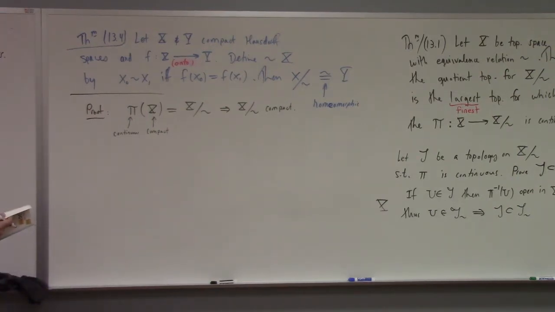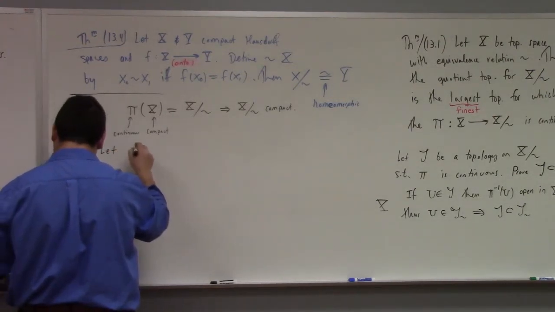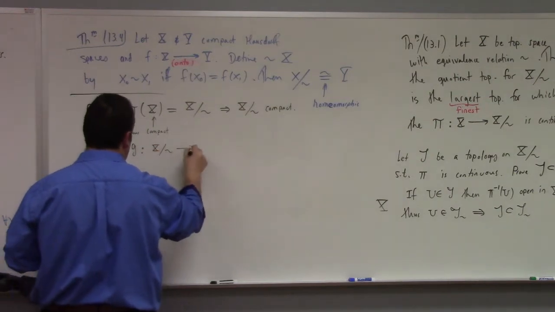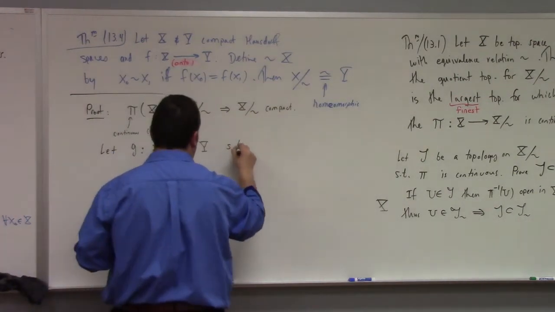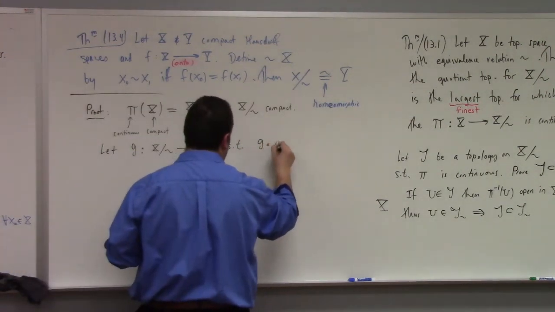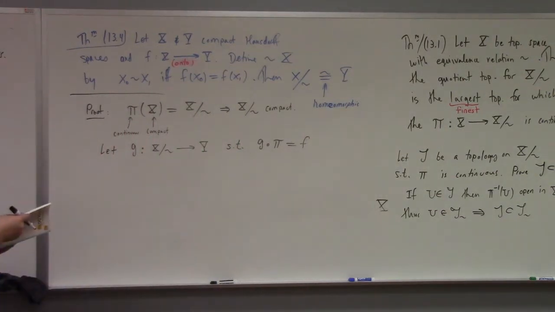And what else? He says let G be the continuous function from X mod tilde to Y such that G composed with pi equals F. Can we do that? Where is this G coming from?